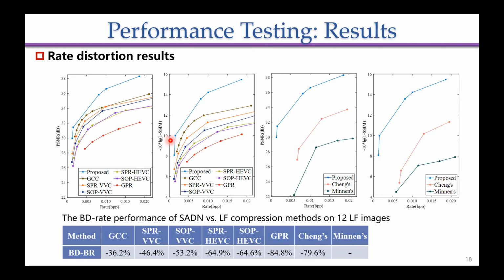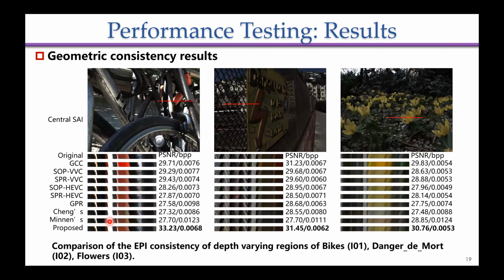You can see that our end-to-end network is the highest compared with the other approaches, and also much better than the end-to-end image coding networks. And we also compare the API consistency, and ours, at a lower or comparable bitrate, has much higher API quality.